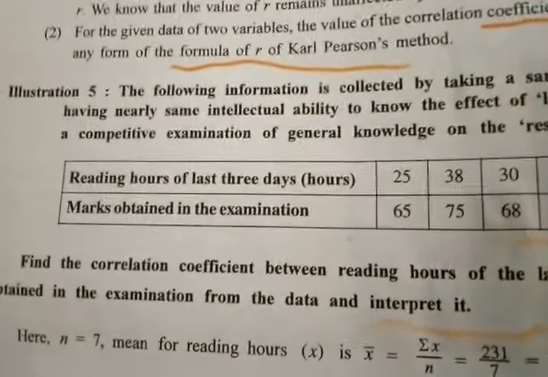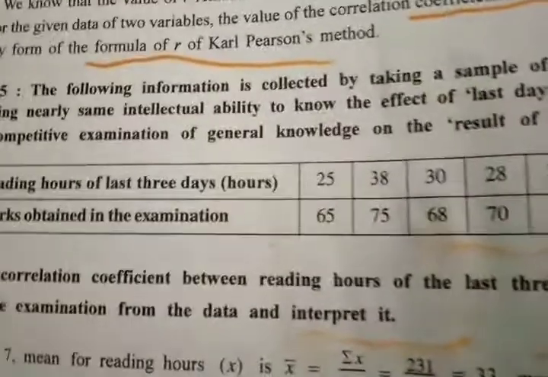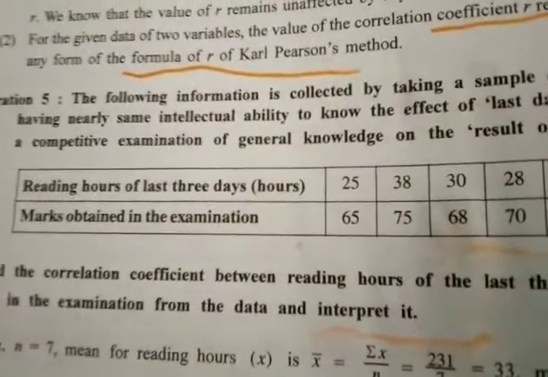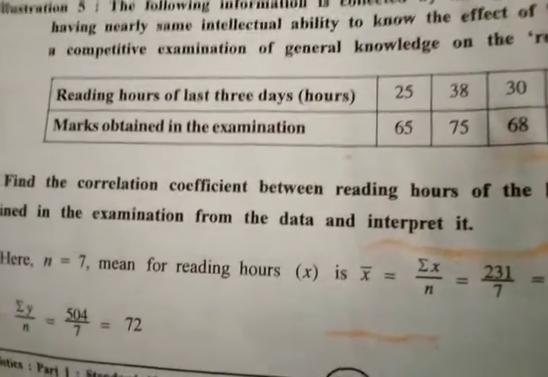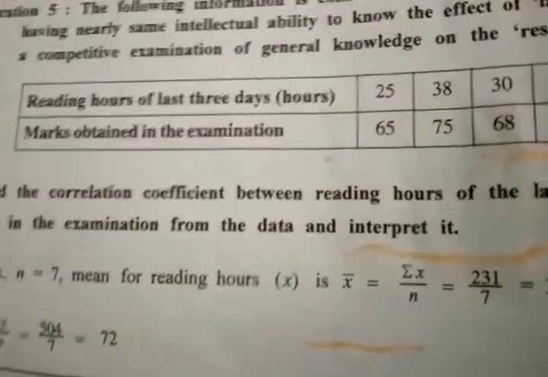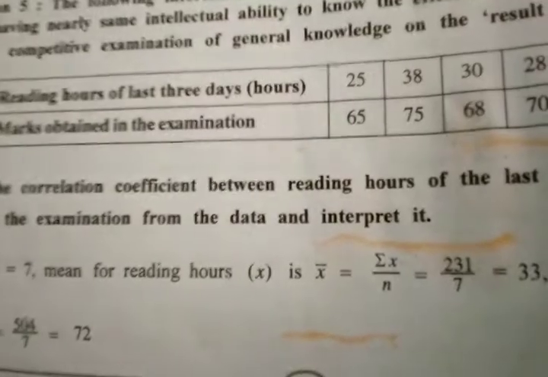Illustration number 5. Here there are two columns: reading hours of the last 3 days and marks obtained in the examination. What we have to do first is find out the means, x bar and y bar.